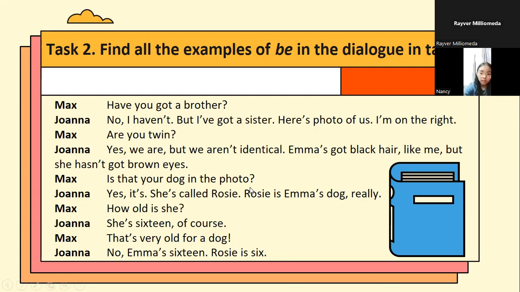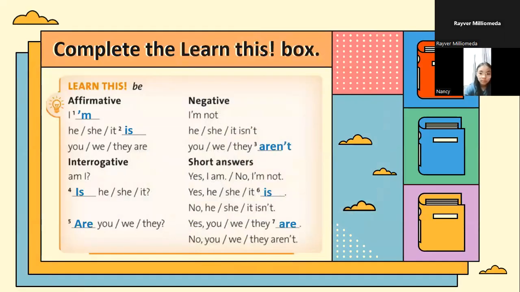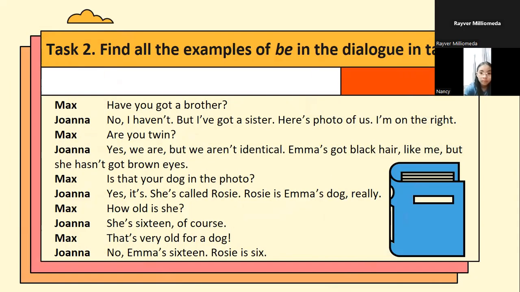So examples of be is this: I'm, he, she, like that. So I will give you an example. Okay, so this is the example. Now I want you to do it on your own. Find all the examples of be in the dialogue.